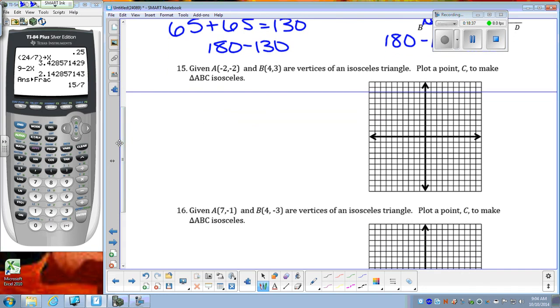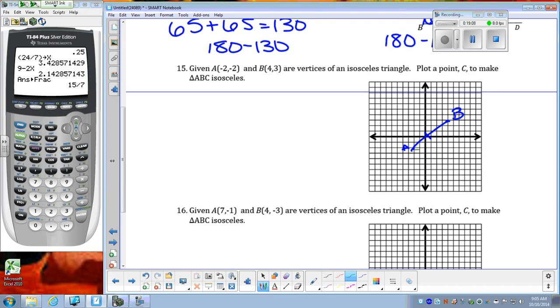For 15, you have 4 different answers. I want to plot my points. -2, -2, there's A. B is 4, 3. Okay, so I know here's one of my sides. I'm going to make that be one of my congruent pieces. And for the first, I'm going to use A as my vertex angle. If I make A my vertex, then I need the distance from A to B to be the same as A to C. Well, how did I get from A to B?